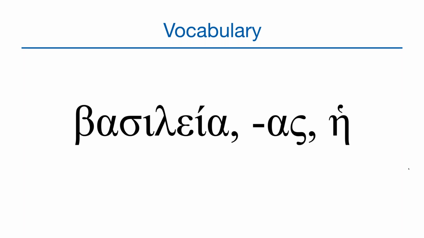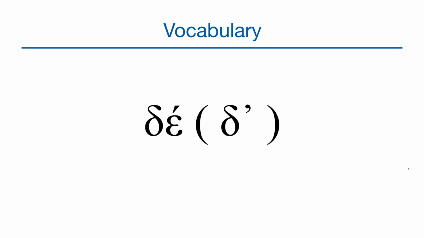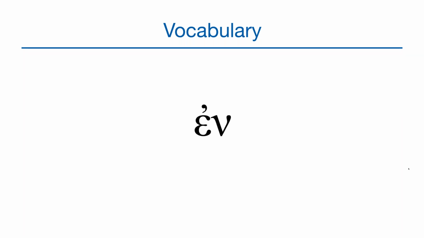I don't know if we learned that one or not. De means but or and. En means in, or sometimes into or among.